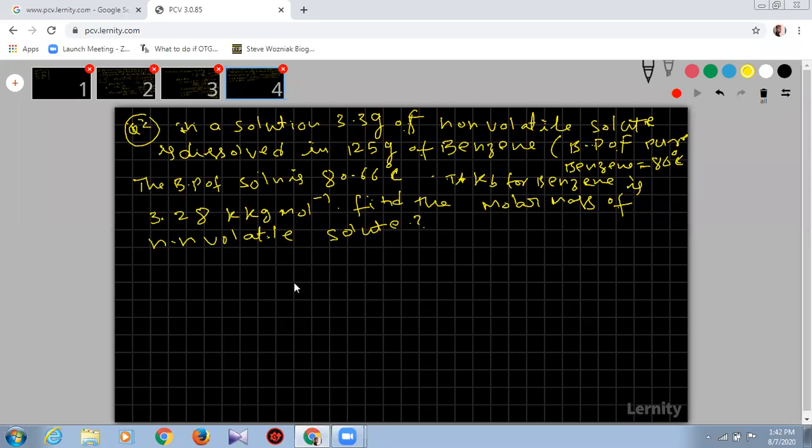Someone told 131.2 grams. Yes, very good. Yes, Pooja is 131.2.